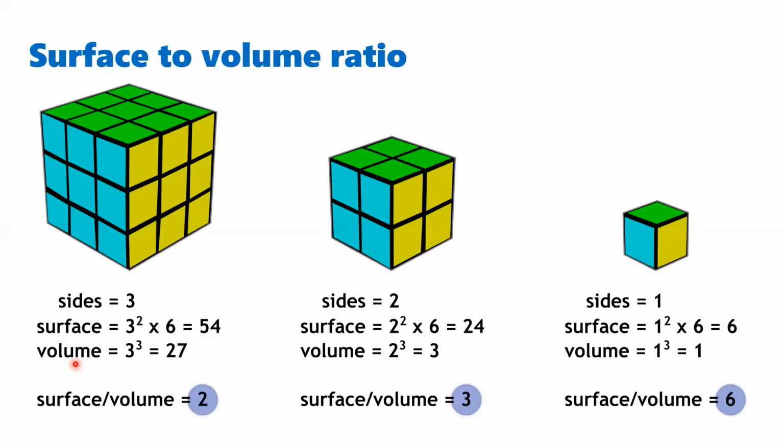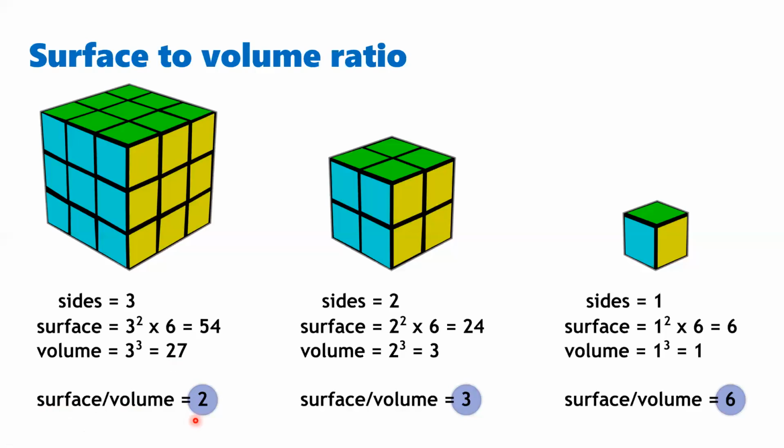What is the formula for calculating the volume of a cube? The formula for calculating the volume of a cube equals x cube, where x is the side. Now, as 3 sides are there, so totally 3 cube equals 27. Now, what will be the surface to volume ratio for it? So, surface to volume ratio is 2 only.